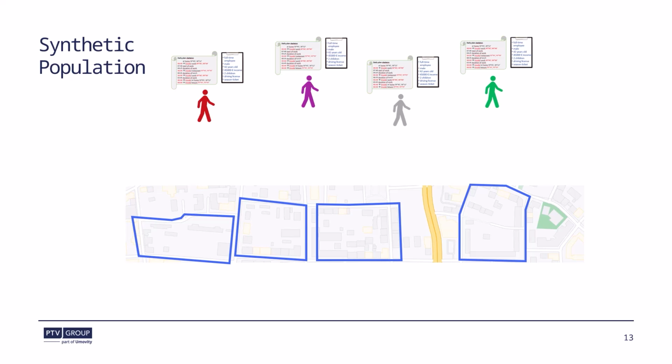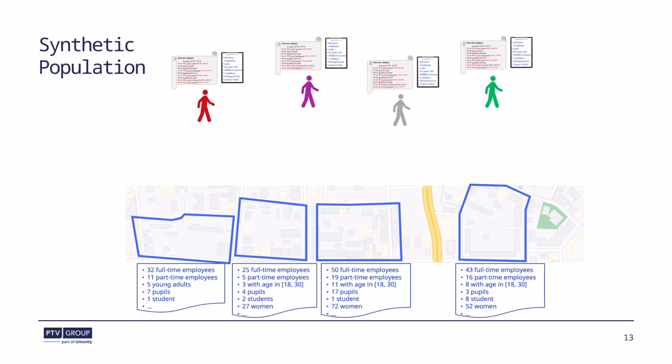Okay, and now these microzones do have certain marginal distributions. We know about this first microzone, there live 32 full-time employees and 11 part-time employees and 5 young adults, 7 pupils and whatever.